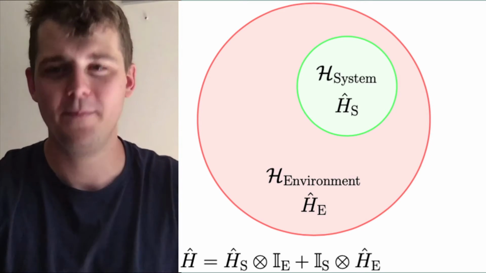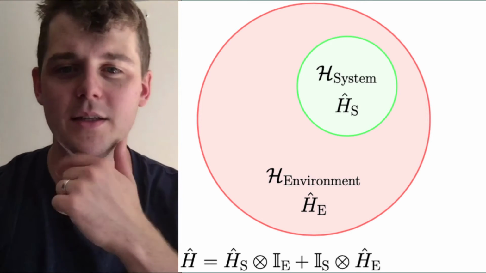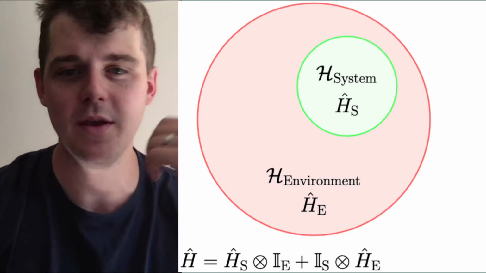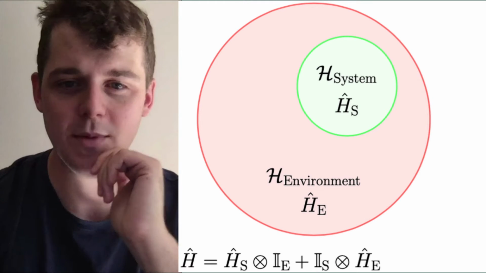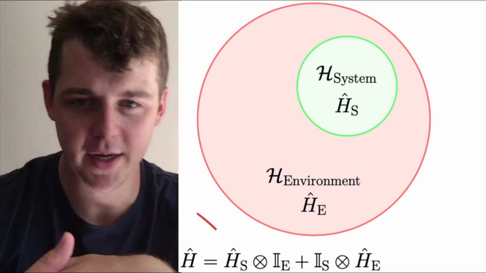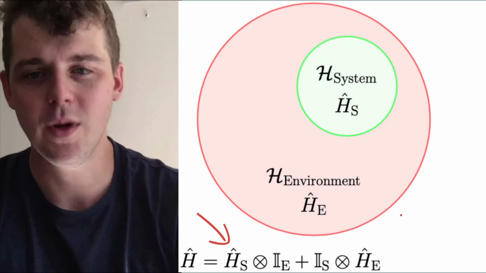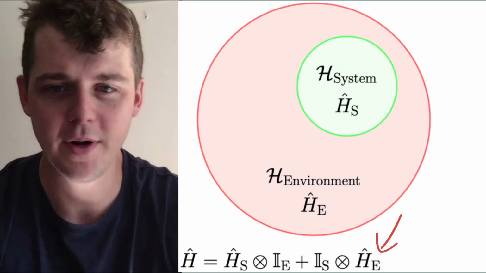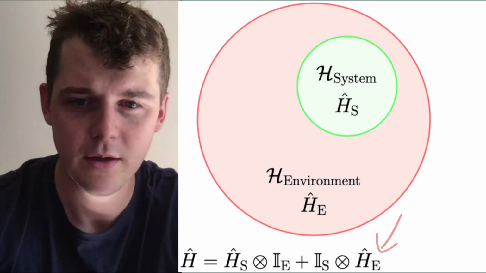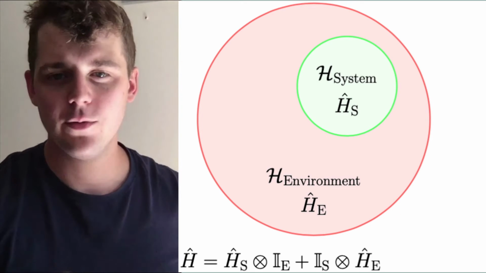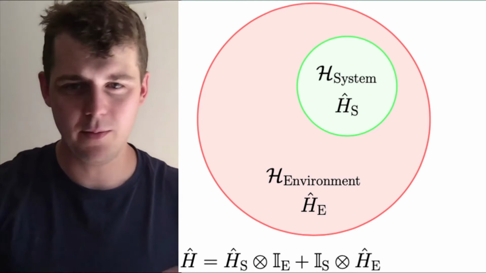Exactly, that's right. The idea is that if the system and the environment didn't interact, then the system would have some free Hamiltonian H_S and the environment would have some Hamiltonian H_E. Without interacting with each other, their Hilbert spaces don't mix.